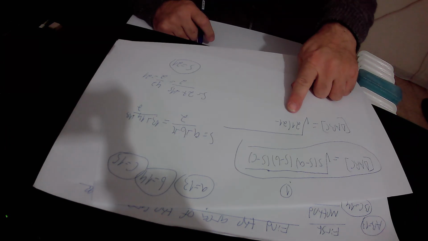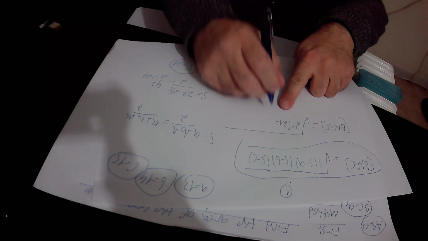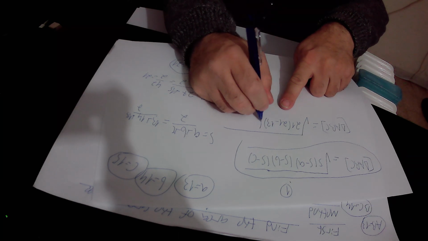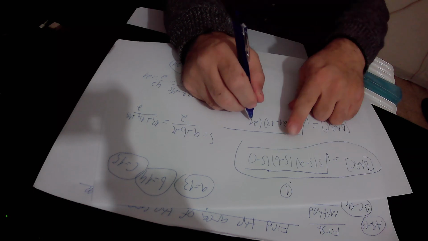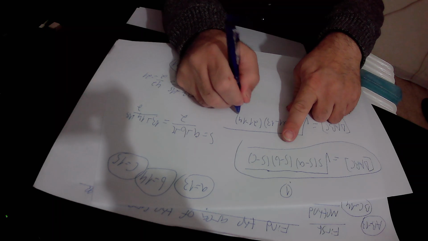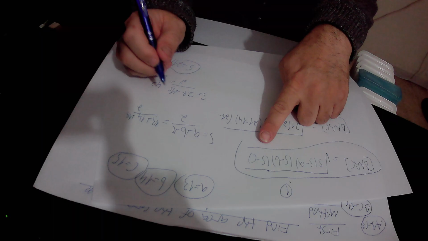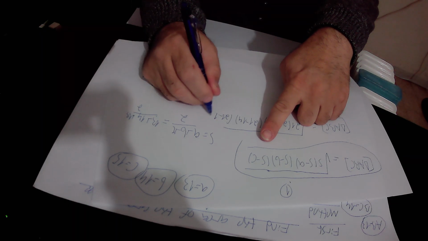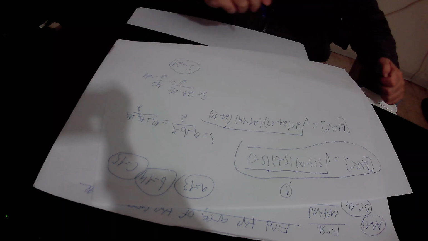So S minus A is 21 minus 13, times S is 21 minus B is 14, so S minus B is 21 minus 14, times S is 21 minus C is 15, so S minus C is 21 minus 15, all under the root.